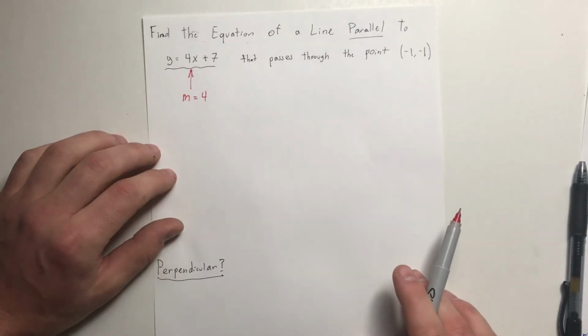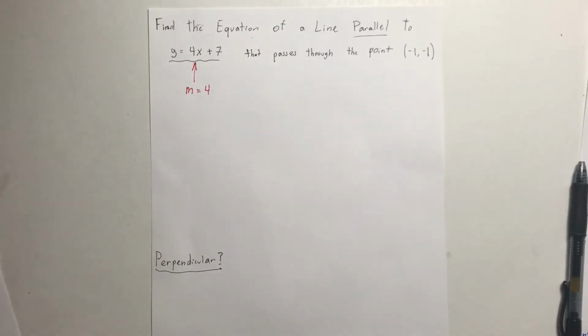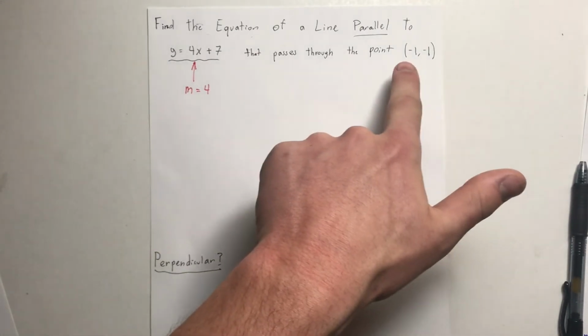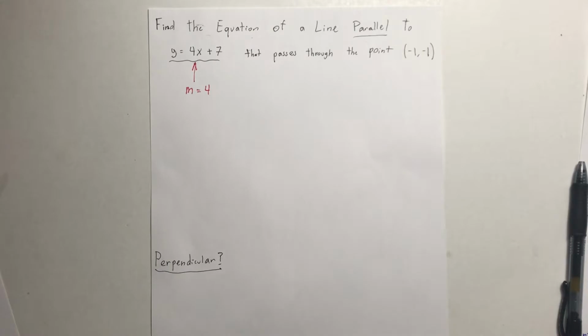And then this just becomes a similar problem that we've done before, where we're given the slope and we're given a point that the line crosses through, and then it's just our job from there on out to find whatever form is being asked for.